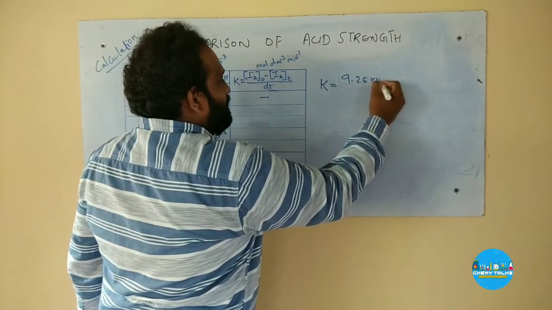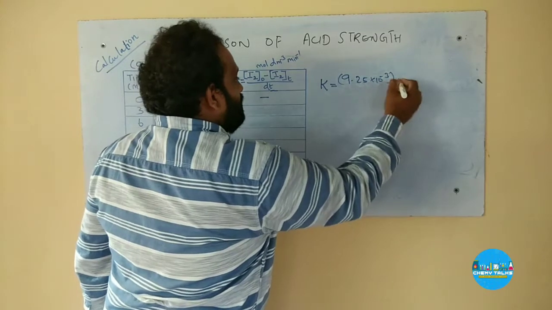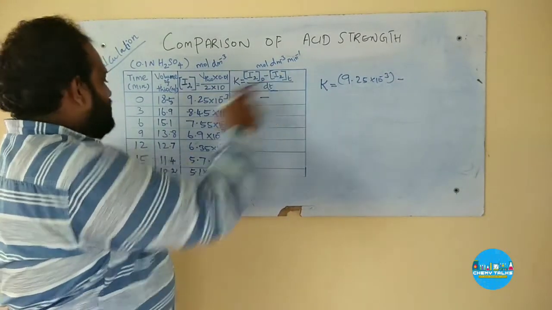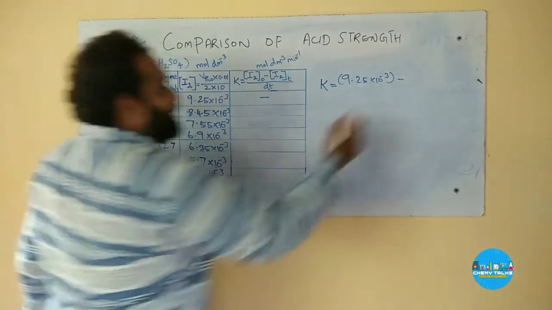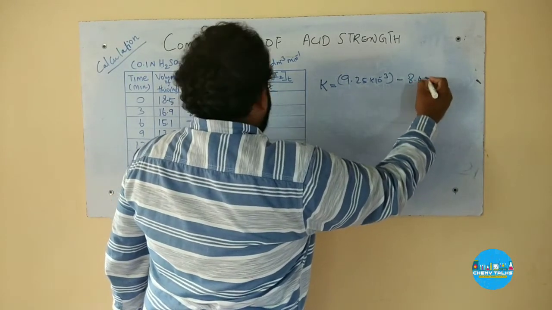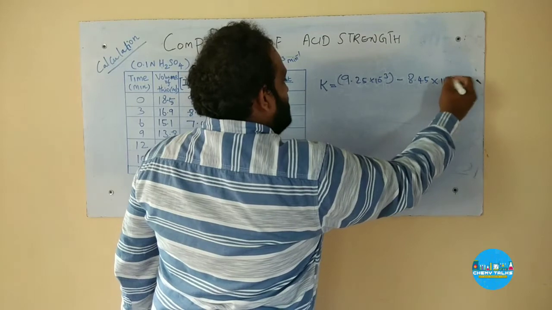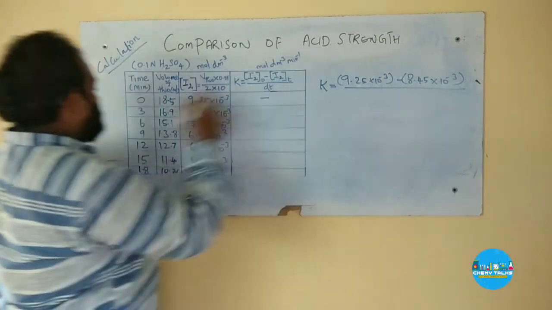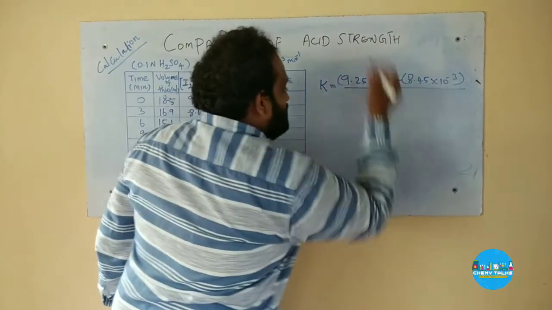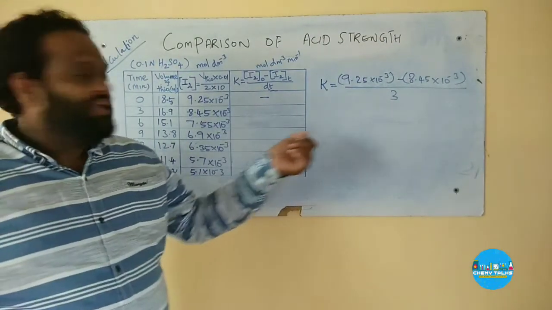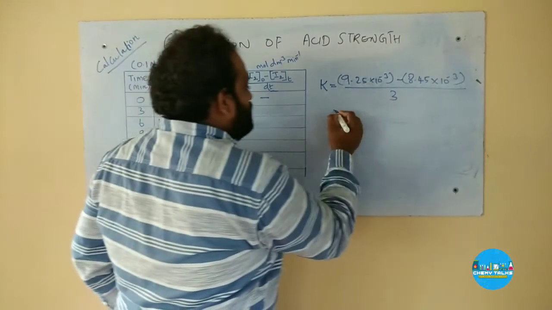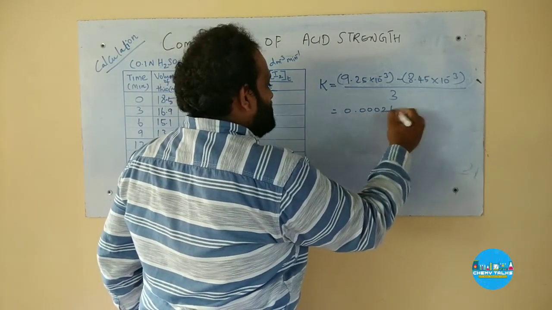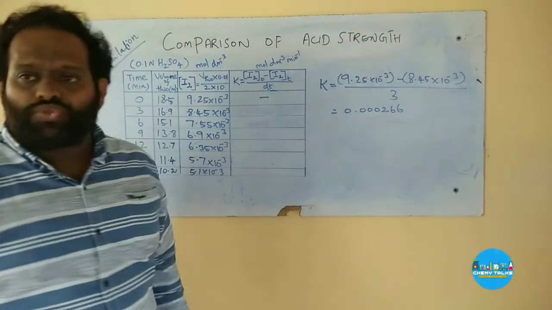9.25 into 10 power minus 3 minus the concentration of iodine at 3 minutes, 8.45 into 10 power minus 3, divided by dt, which is 3 minutes, we will get the value of 0.000266.